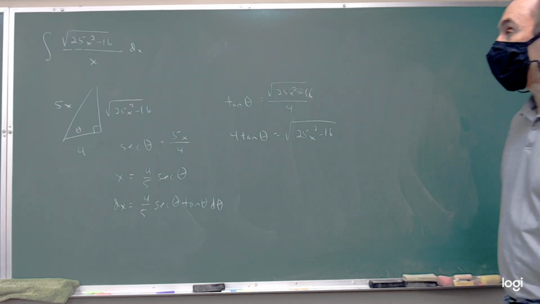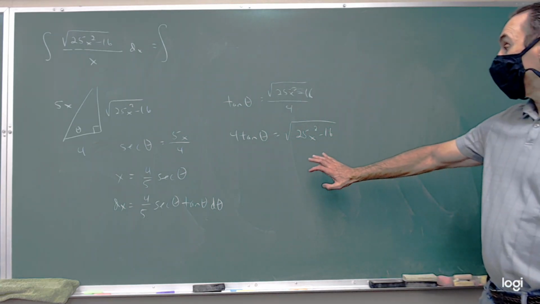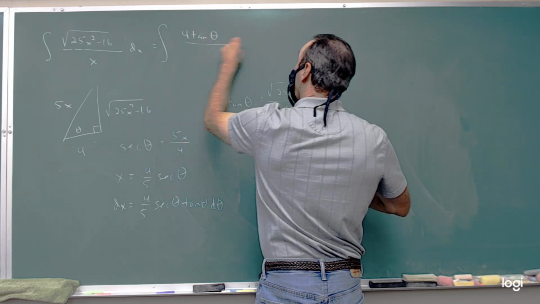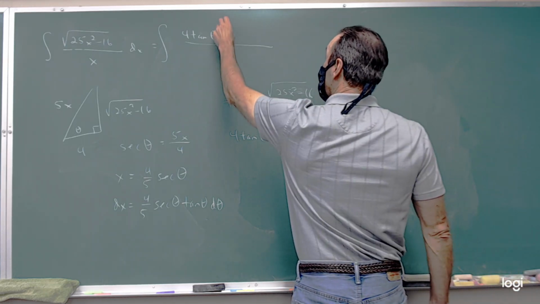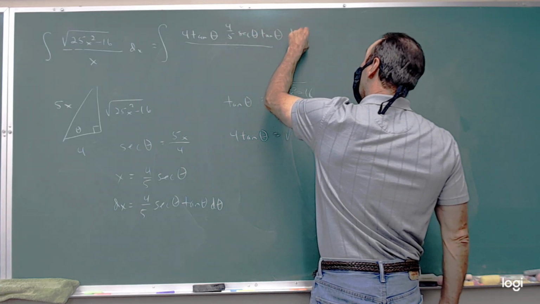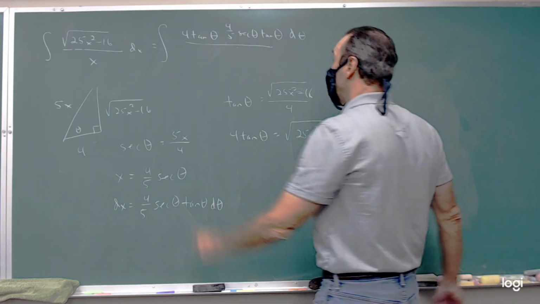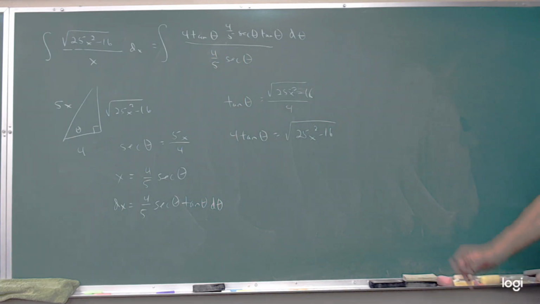Now we can change our integral from x's to thetas. So the radical is going to become 4 tangent theta. The dx is going to be all of this, 4/5 secant theta, tangent theta, d theta. And the x is the 4/5 secant theta. So we have transformed our integral from x's and dx's to thetas and d thetas.